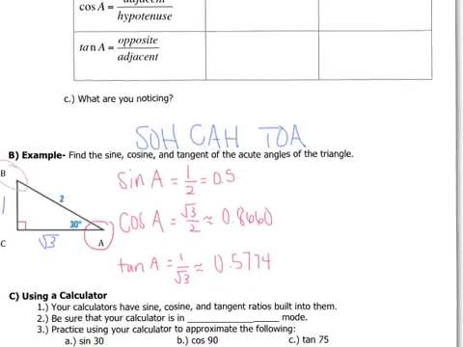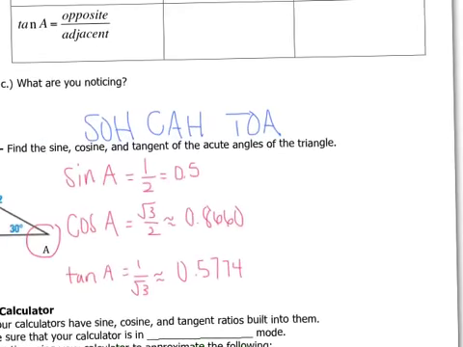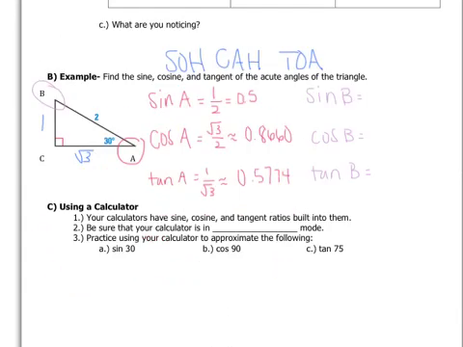Let me know if you have questions. Mark, what is your ratio for the sine of angle B? Give me the actual ratio first. Okay, radical 3 over 2, and then the decimal approximation was what? Good.